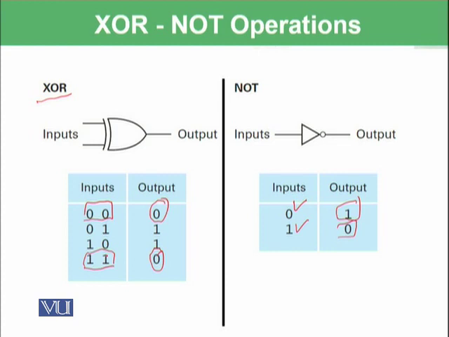And exclusive OR produces an output of 1 when the inputs are opposite, so either one is 0 or the other is 0. So you can also say that exclusive OR is used in situations where you need an output of 1 when either of the inputs is 1, but not both of the inputs are 1.